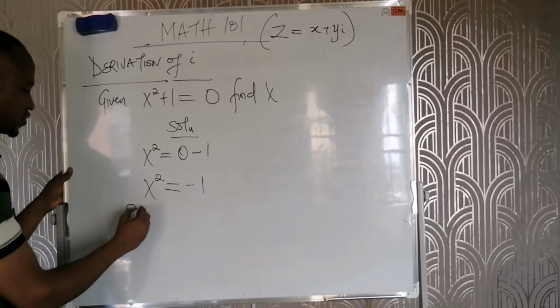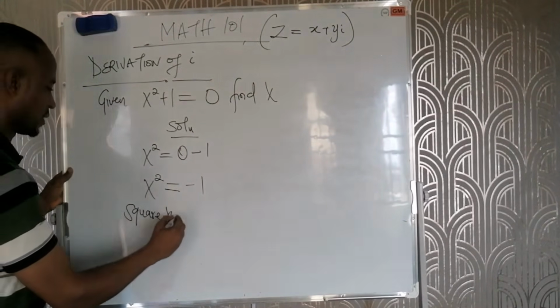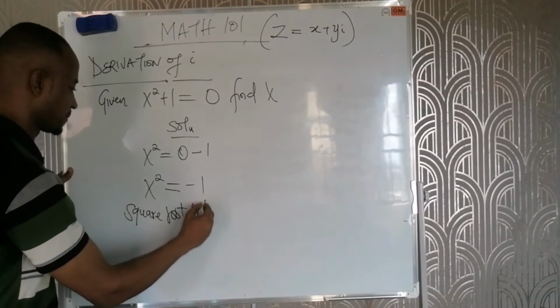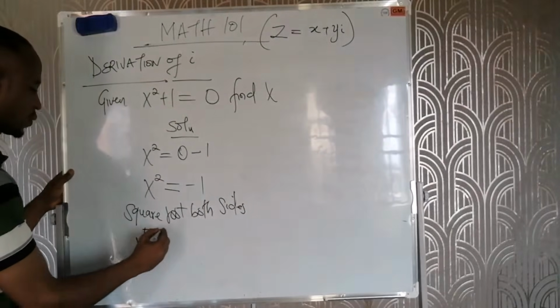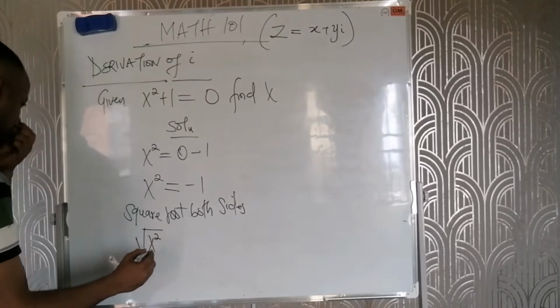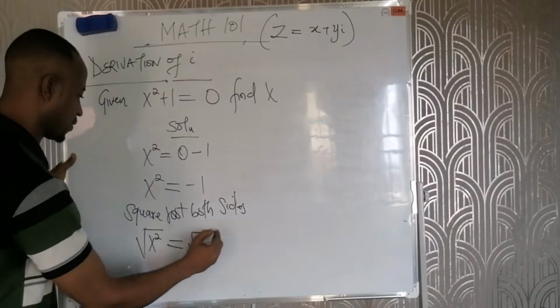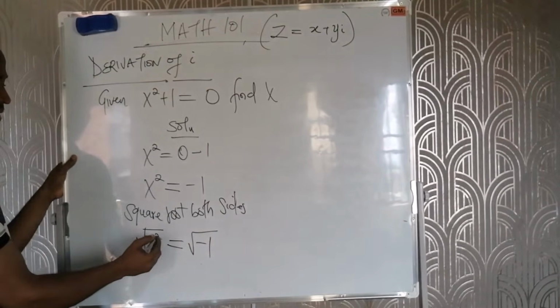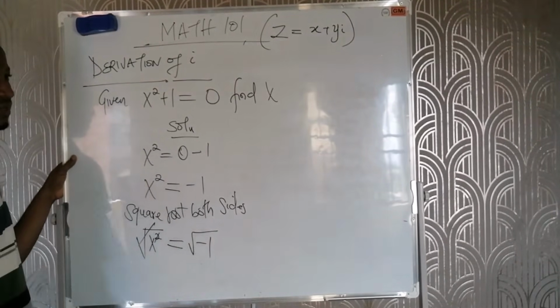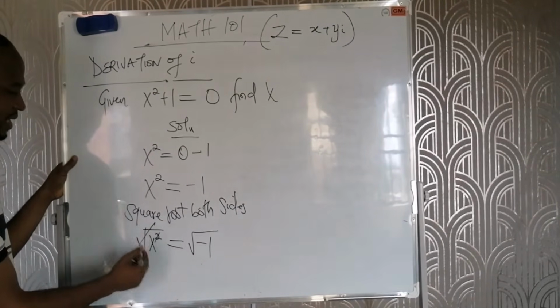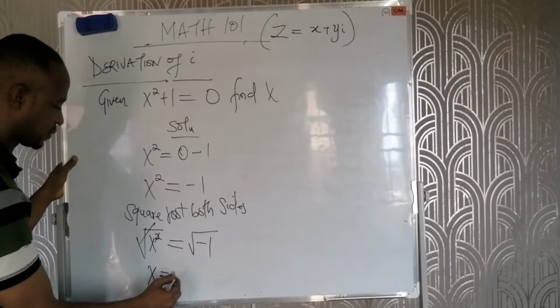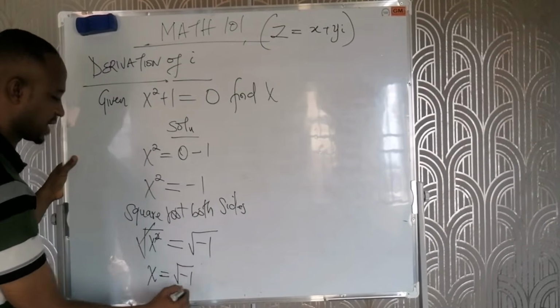By the time we square root both sides, the square root of x squared is equal to the square root of minus 1. The square is allowed to cancel out with the square root. If this happens, that means my x is equal to the square root of minus 1.